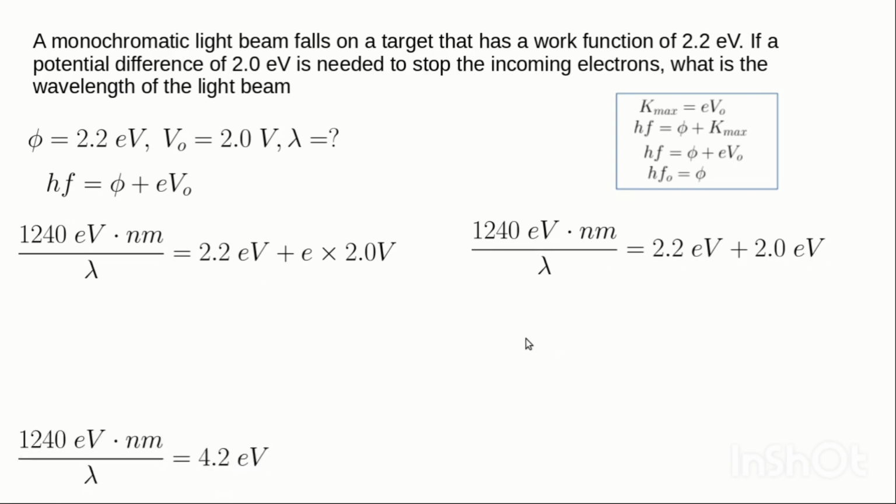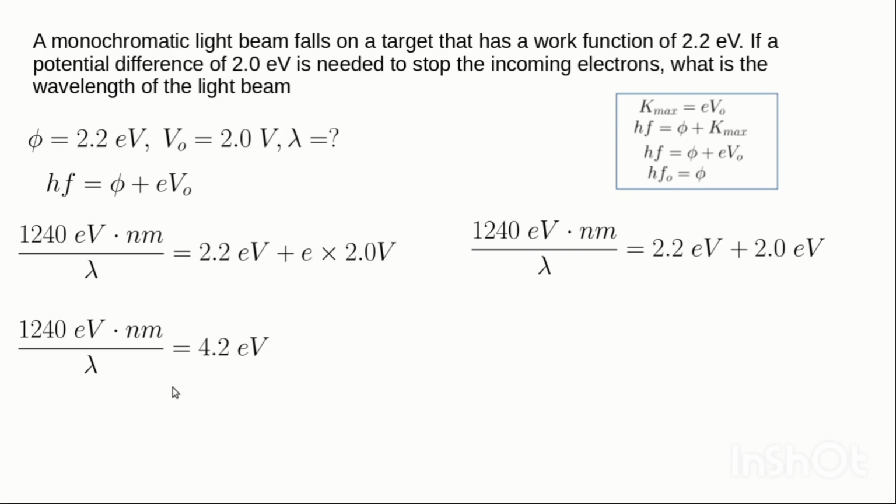We can take this one to this point, bring this one back, and we have this expression. So electron volts can cancel this, 4.2 can cancel this, leaving our lambda equal to this formula. So we have this final expression as lambda equal to 295 nanometers, where nano here represents 10 raised to the power minus 9.